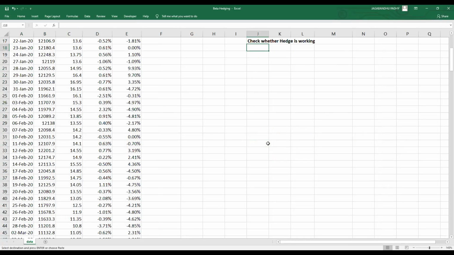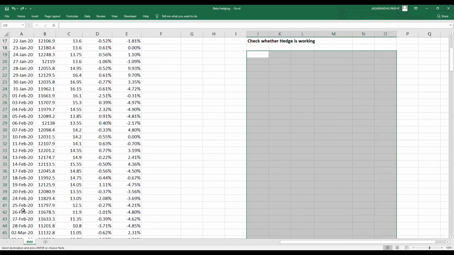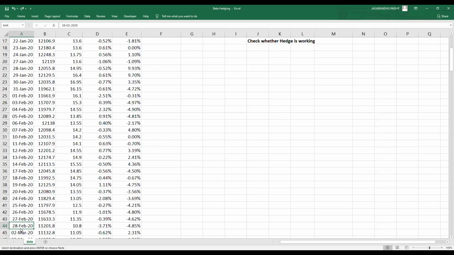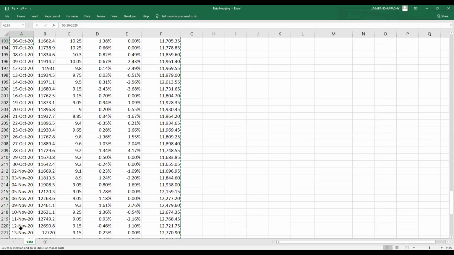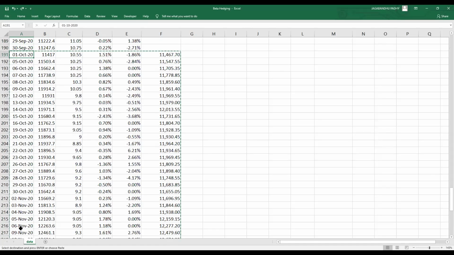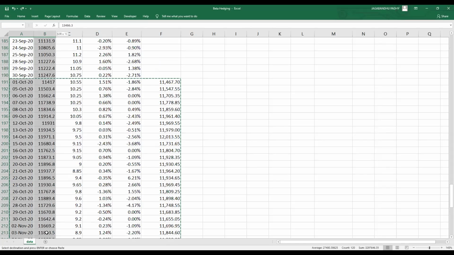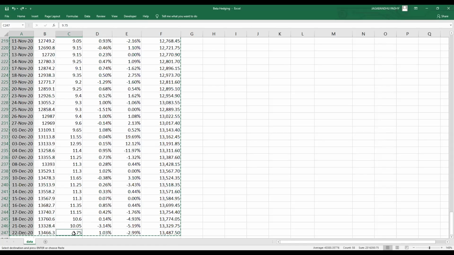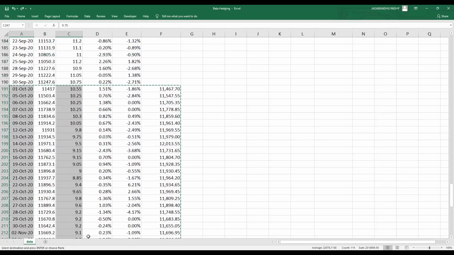Just copy those values over here. Actually I need only the prices, by the way. I need the futures prices and the NKD share price from first October. I just want to see whether it is hedging my portfolio or not.